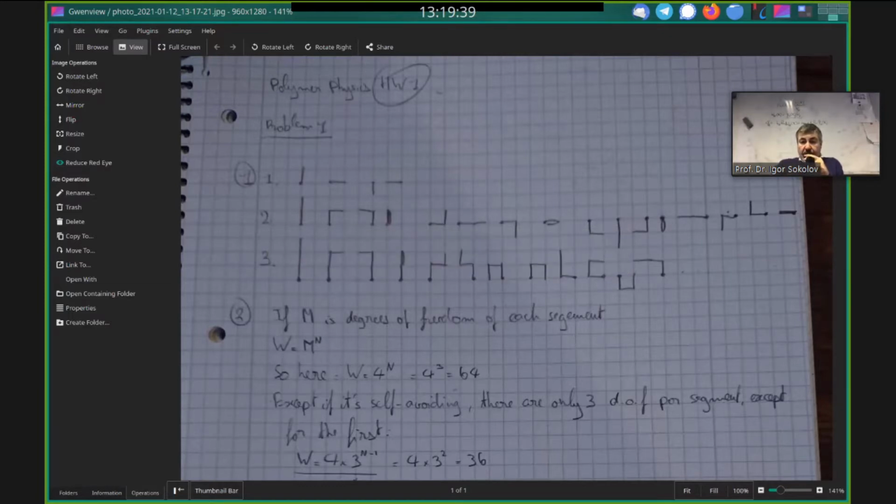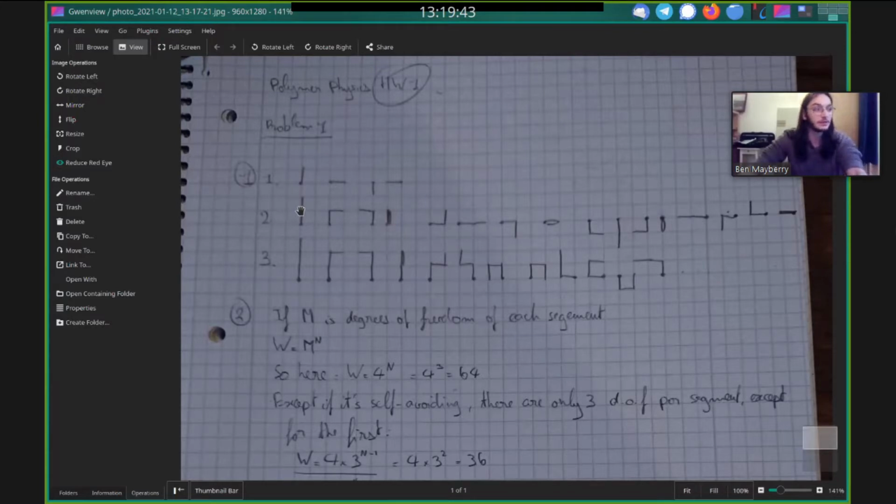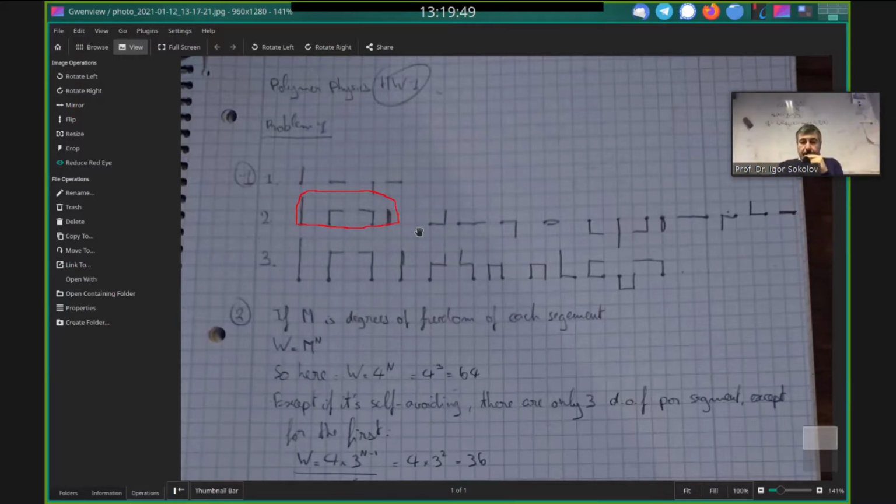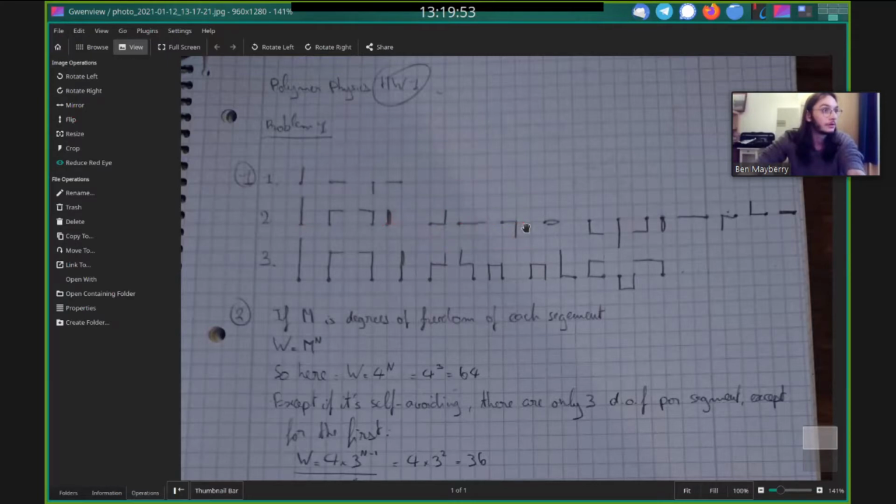And then you can draw all of them, essentially. Yeah, and this is what I did. You can see here, these 4, the first segment is showing up. And then these 4, the segment is showing to the right. These 4, the segment is showing down. And then these 4, the segment is showing to the left.